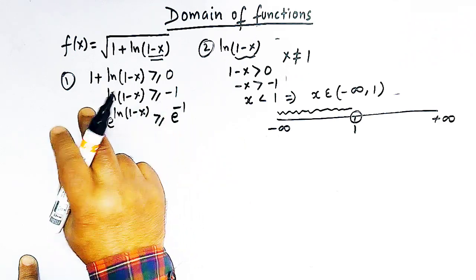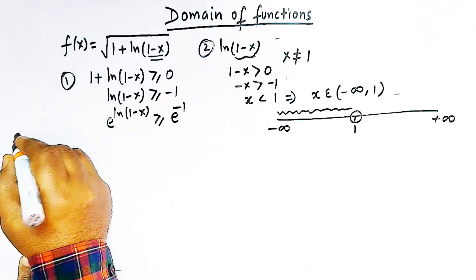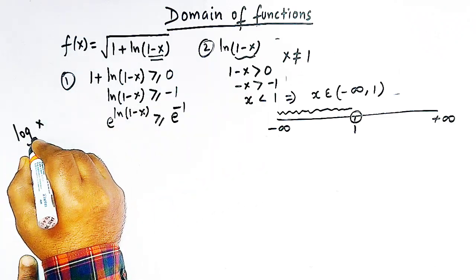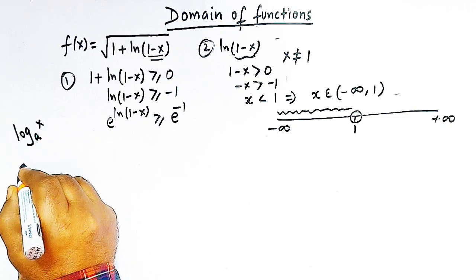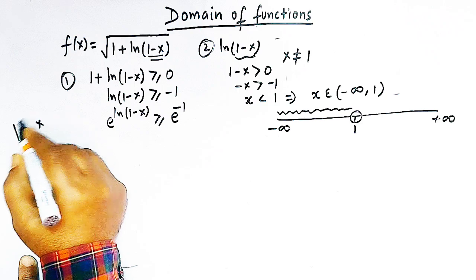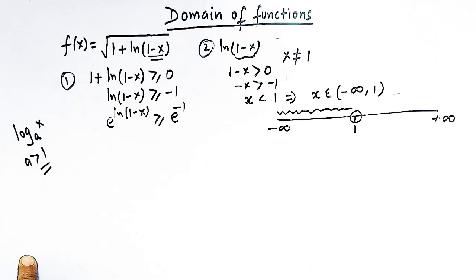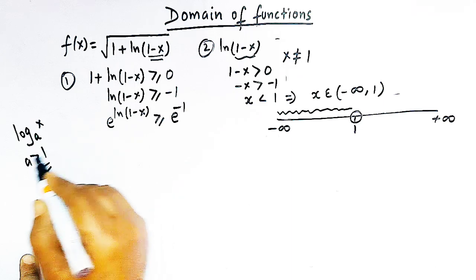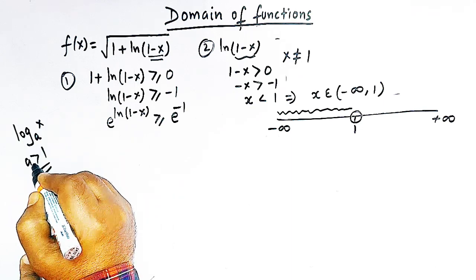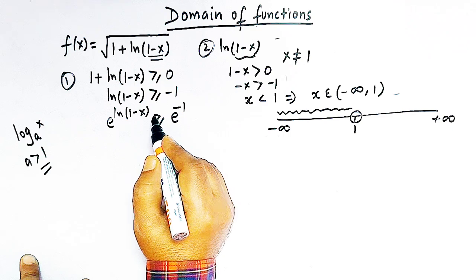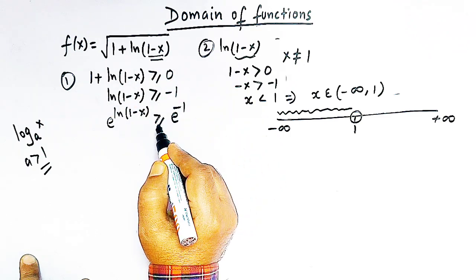Here we use the concept that log of x to the base a, where a is greater than 1, is an increasing function, and so the direction of the inequality remains the same.